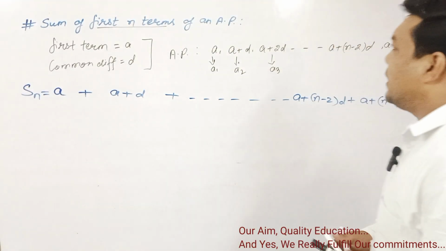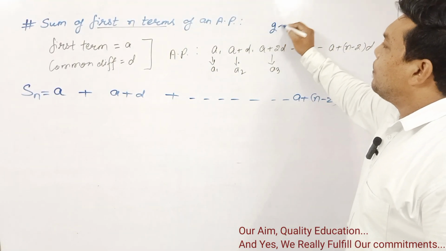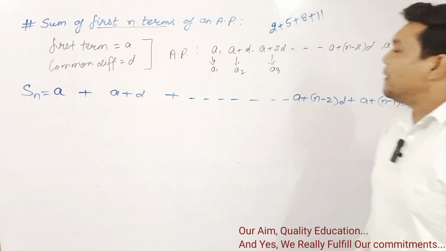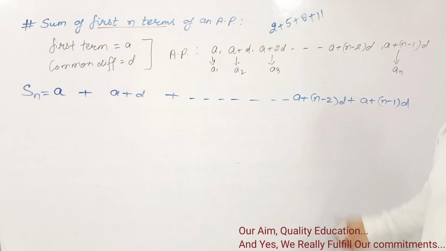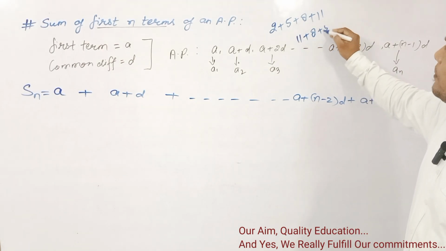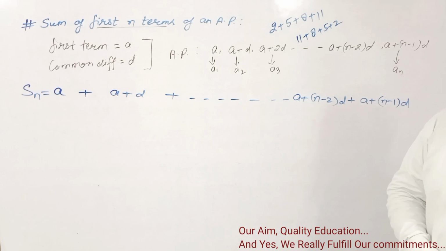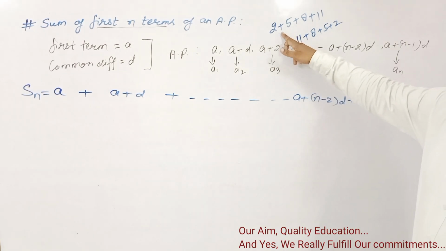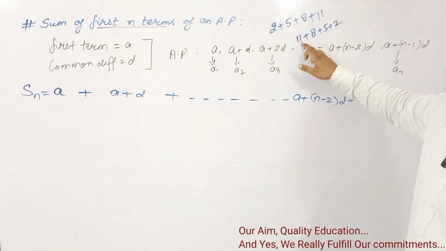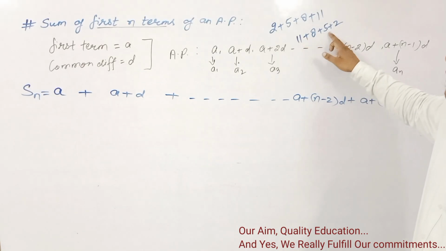Now just tell me one thing. If you are finding 2 plus 5 plus 8 plus 11, and if you find 11 plus 8 plus 5 plus 2, both will be same or not? If you find 2 plus 5 plus 8 plus 11, it will be a sum, and the same sum will be if you find 11 plus 8 plus 5 plus 2.